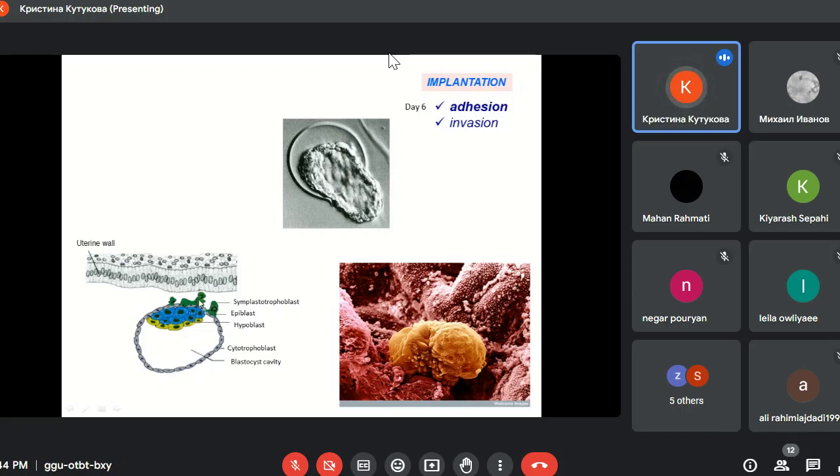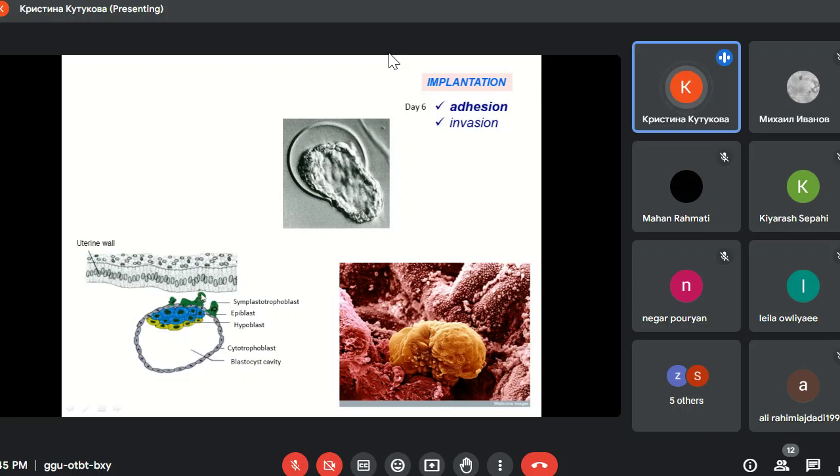This symplastotrophoblast has a lot of lysosomes which have enzymes in them, and they release these enzymes to break down the uterine wall, and it will cause invasion, the going of the embryo inside the tissue of the uterine wall.